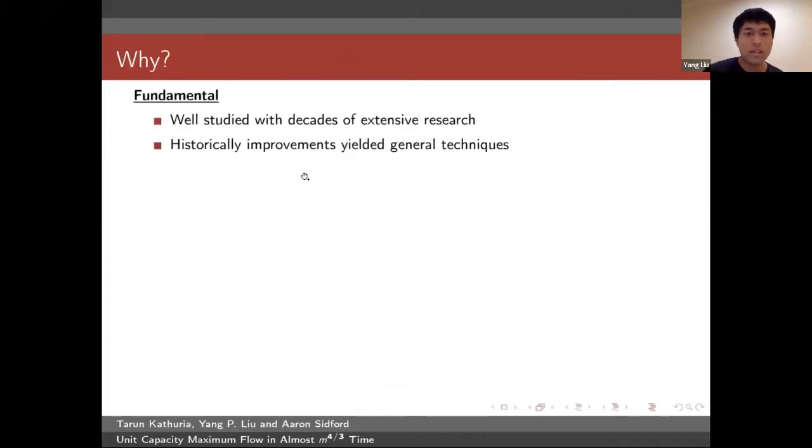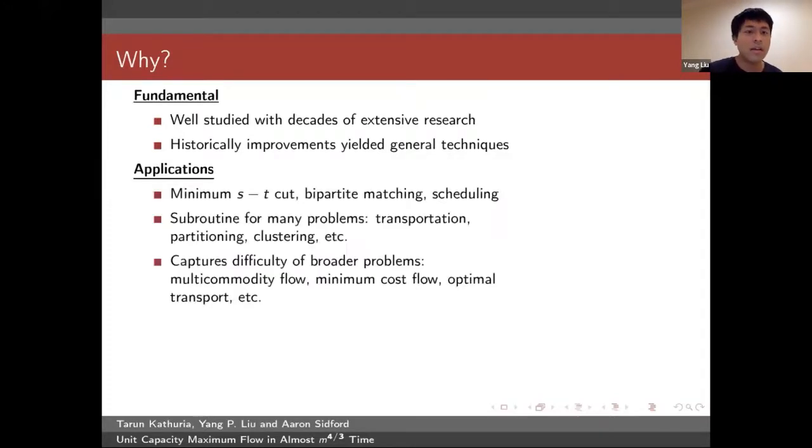This is a problem that has been studied for a long time. There are several applications. It implies algorithms for ST cut, bipartite matching, and scheduling problems, and recent advances in max flow have often led to new algorithms for min-cost flow or optimal transport.